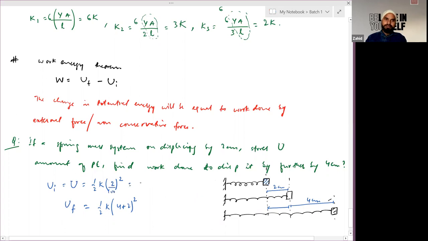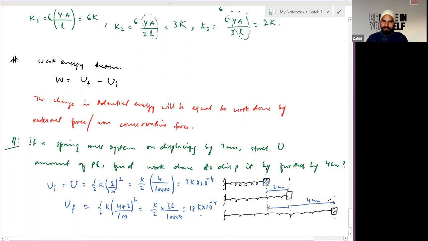So you will get k over 2 times 4 divided by 10,000, or if you solve it further, you will get 2k into 10 to the power minus 4 as U. Similarly, for this part, dividing by 100, it will become k divided by 2 times 6 into 6, so 36 divided by 10,000, or we can write it as 18k into 10 to the power minus 4.